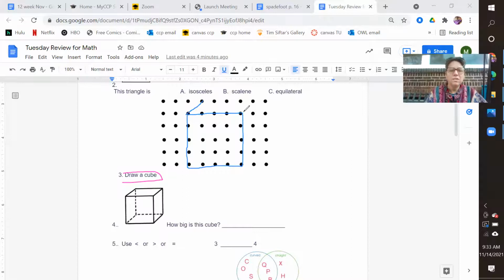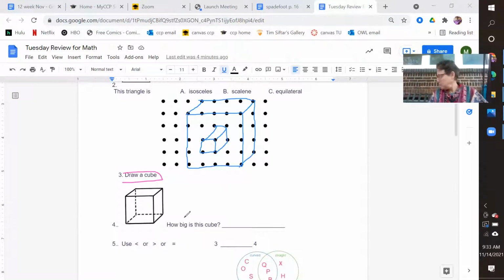And then just a little bit up and this way. So this is a cube. All right, so that's drawing a cube. It doesn't matter if it's tiny or giant.